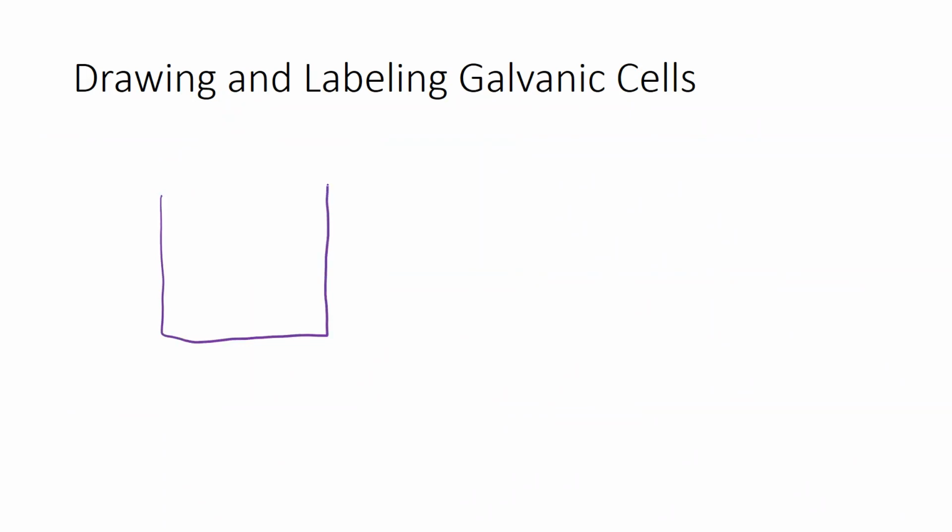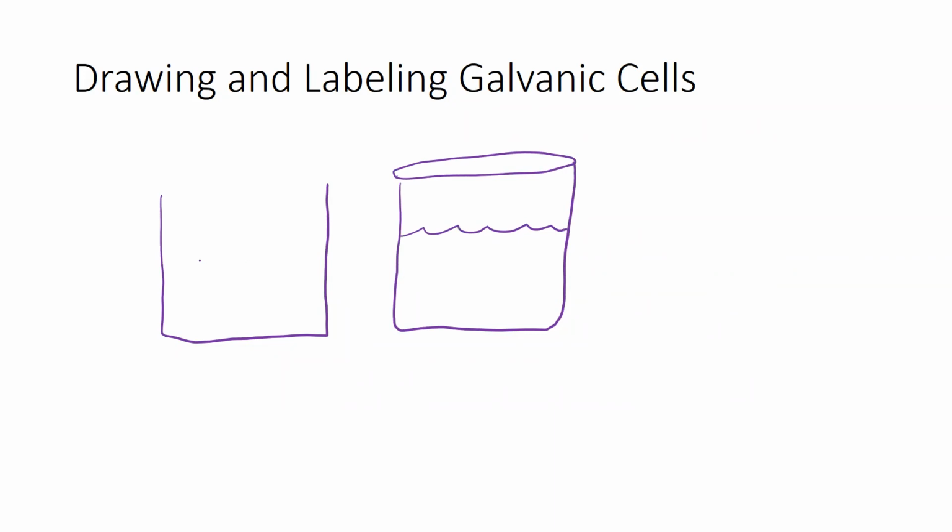So you'll have two compartments. These are your beakers essentially. In each of these beakers, you're going to have a solution, some sort of liquid in there. The solutions will be connected by a salt bridge and by the wire with the electrodes.